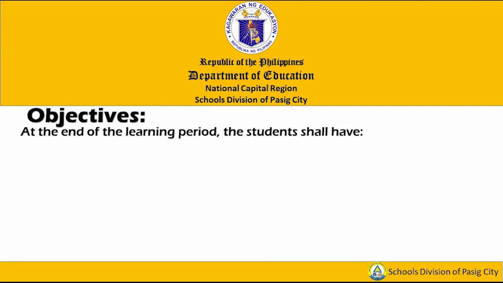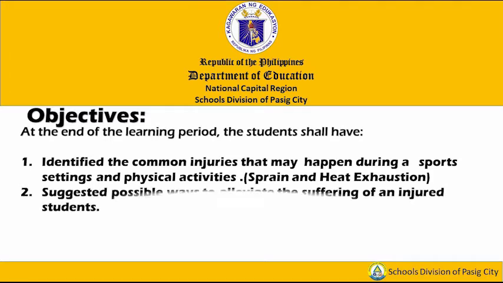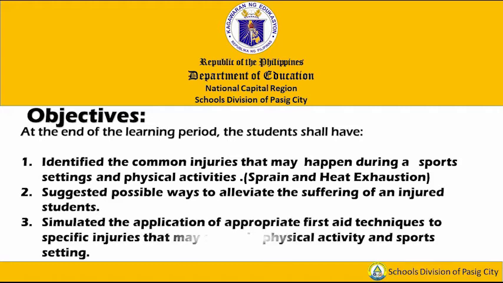At the end of the learning period, the student shall have identified the common injuries that may happen during sports settings and physical activities, suggested possible ways to alleviate the suffering of an injured student, and simulated the application of appropriate first aid techniques to specific injuries that may occur in physical activity and sports setting.